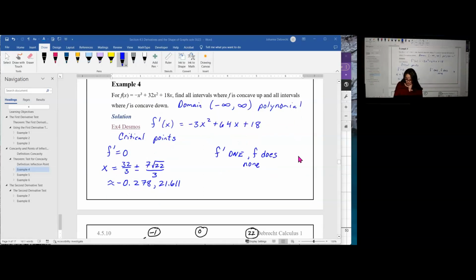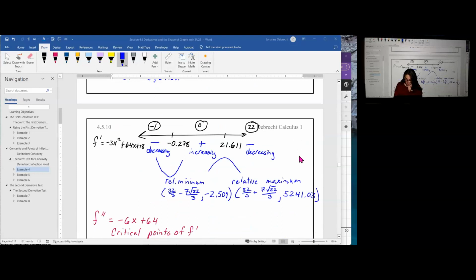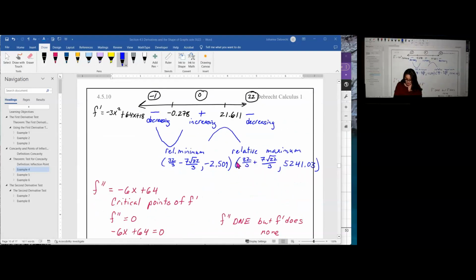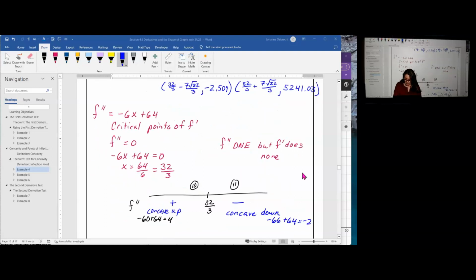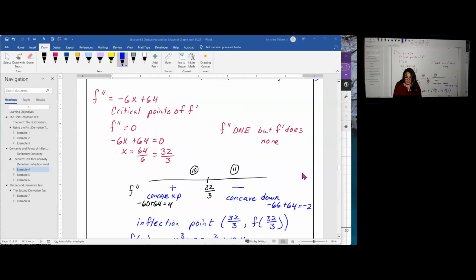When we did that, we also located the relative maximum and the relative minimum at the values you see here. The relative minimum was about negative 2.509, and the relative maximum was 5,241.03-ish.